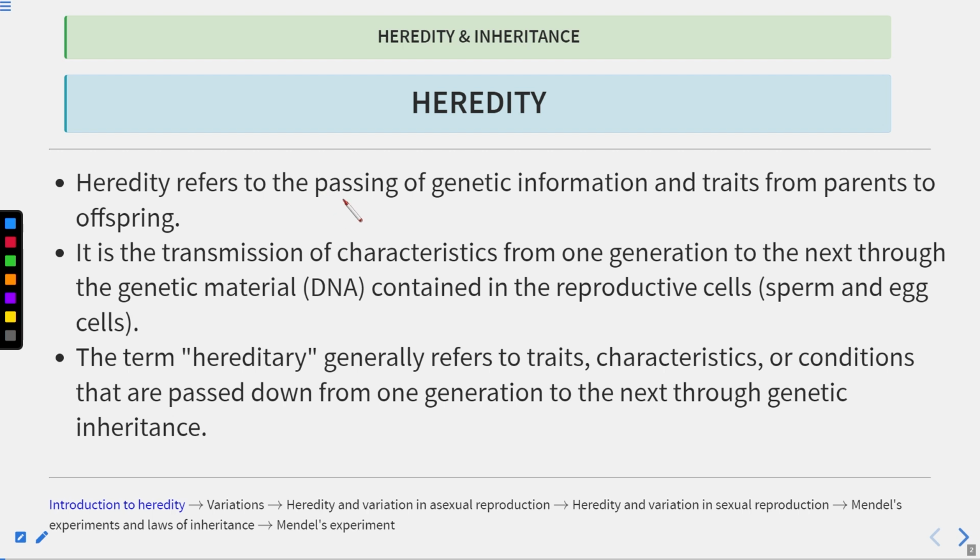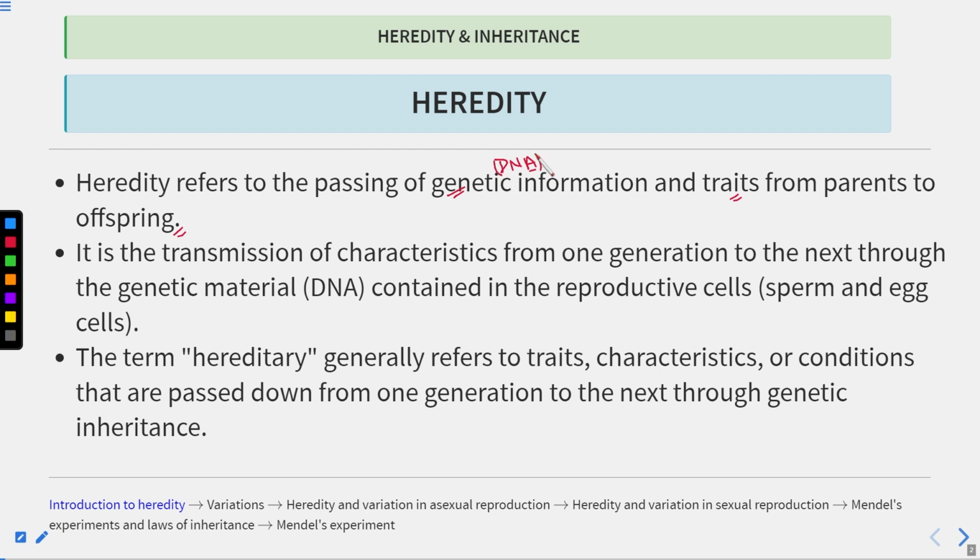So heredity refers to the passing of genetic information and traits from the parents to the offspring. So here what is happening? The genetic information is stored in the DNA, or you can say the chromosomes. The chromosomes contain DNA only.